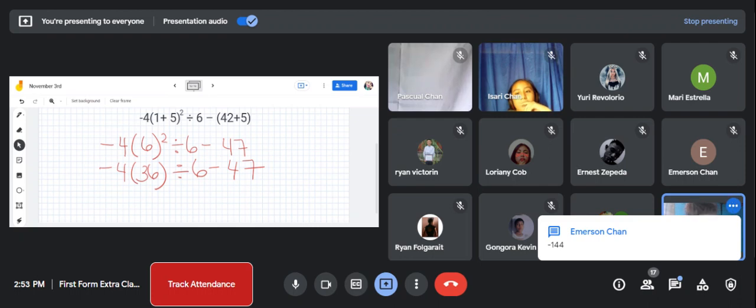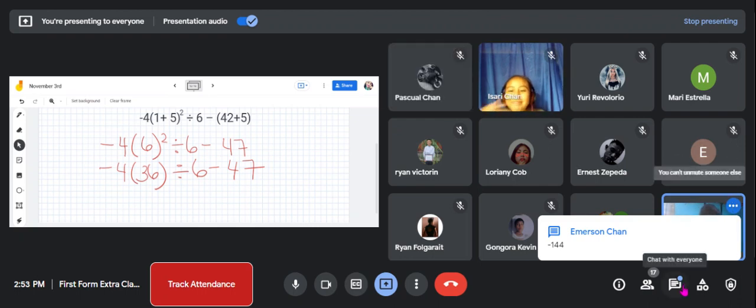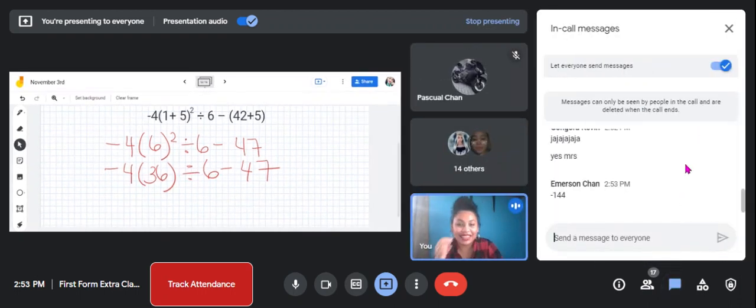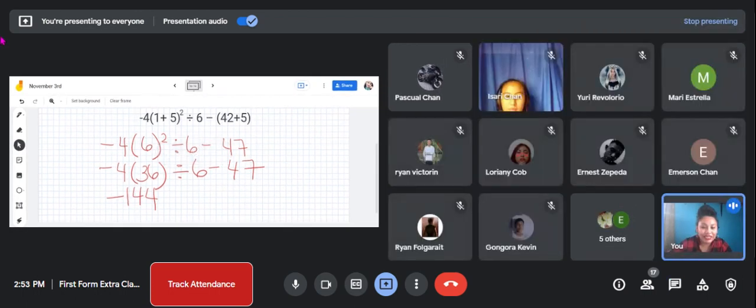Everybody went blank? Okay, Emerson has negative 144. Very good, Emerson. And I'm going to write the rest of the problem, divided by 6 minus 47. Now, what am I going to do?